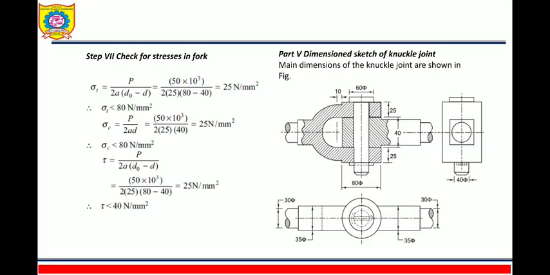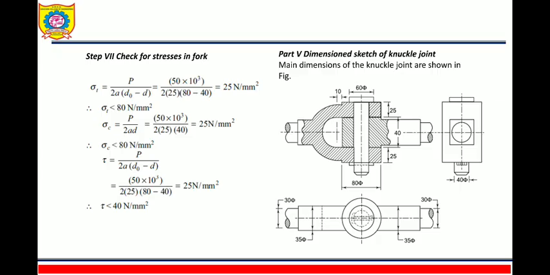Sigma t is equal to P upon 2a in bracket d0 minus d. If we put the value we are getting 25, which is less than 80. Sigma c is 25 Newton per mm square, which is less than 80, and tau is equal to 25 Newton per mm square, which is also less than 40. So our design of fork is also safe, whatever dimensions we have considered.